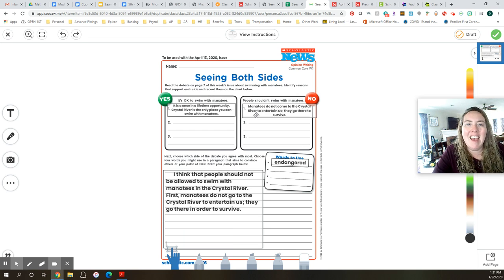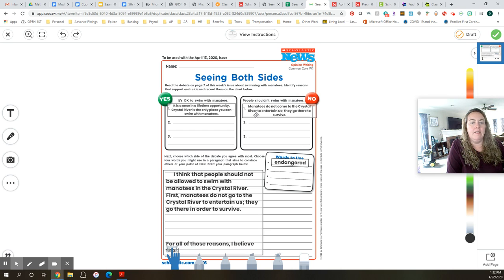And my last sentence is always a concluding sentence that kind of summarizes your main idea. I like to use transition words. For all of those reasons, I believe that people should not swim with manatees.